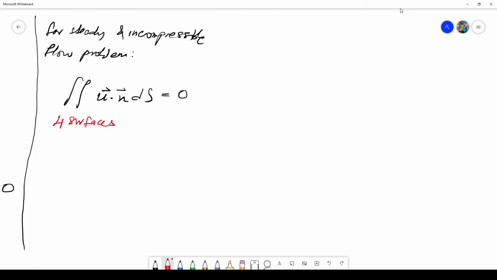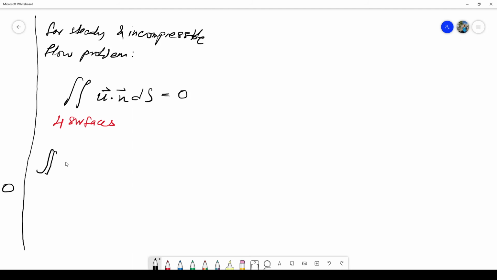In order to solve this particular problem, we have to first write our equation so that it includes all four surfaces.